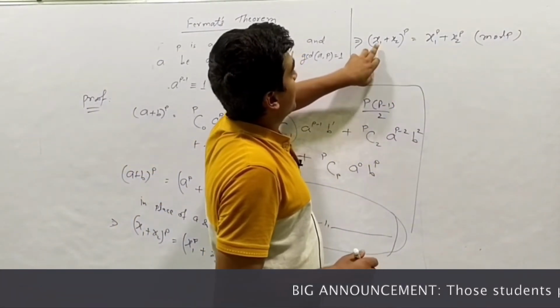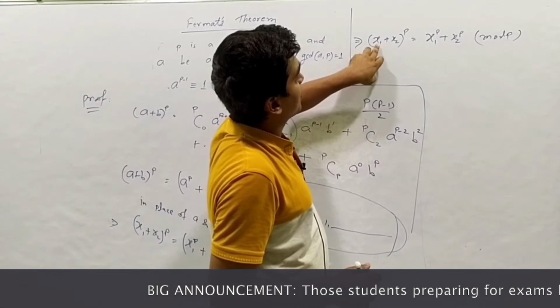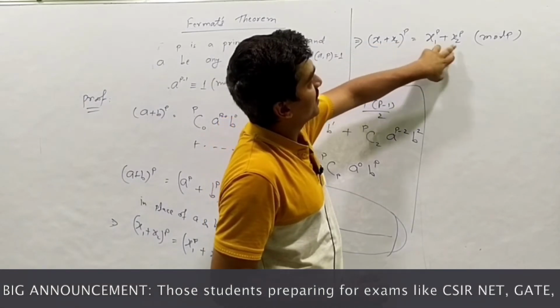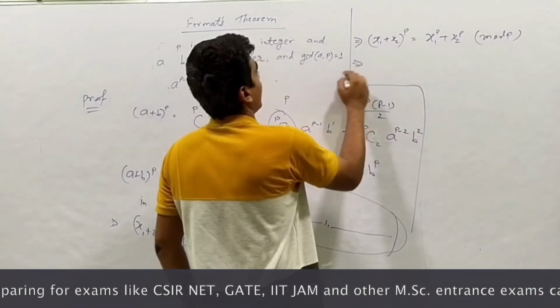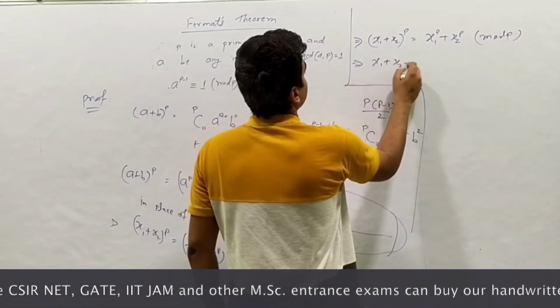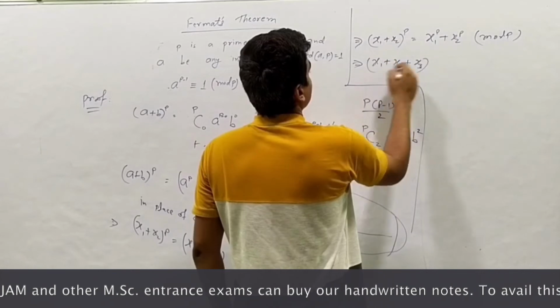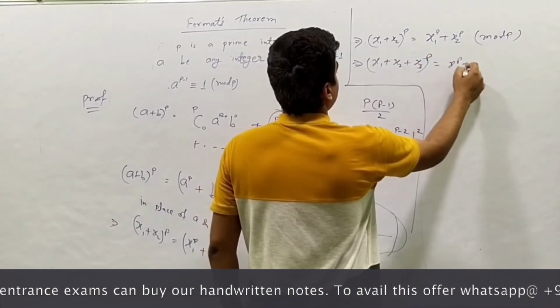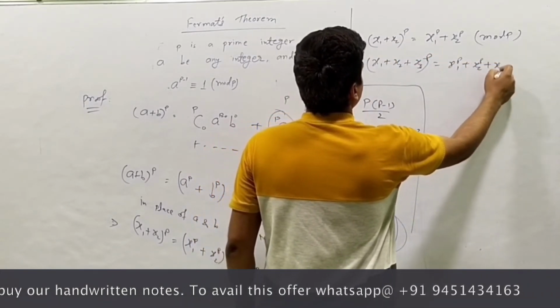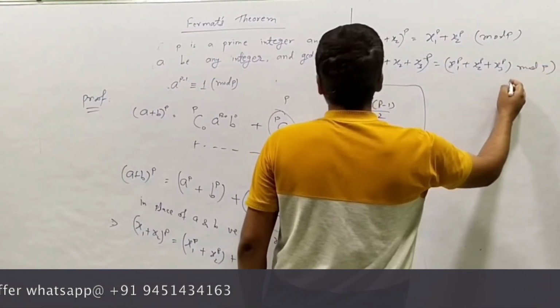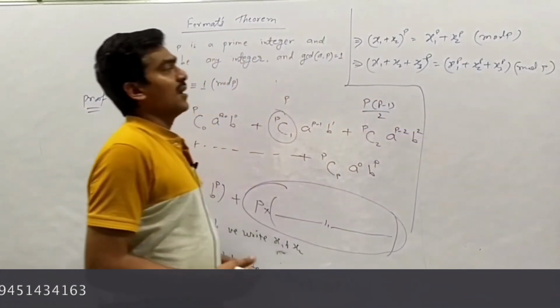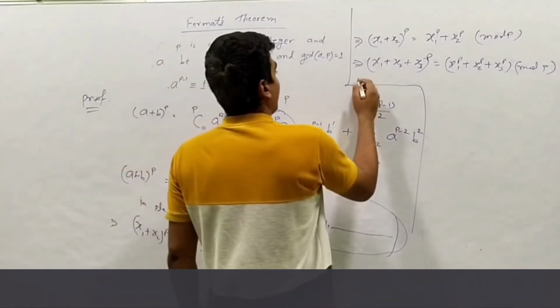Here we have only two terms, x1 and x2. If we generalize this statement, then we can write (x1 plus x2 plus x3) raised to the power p is equal to x1^p plus x2^p plus x3^p modulo p.